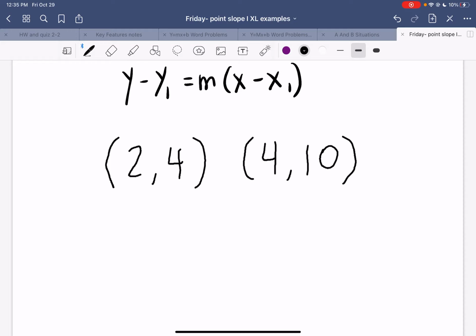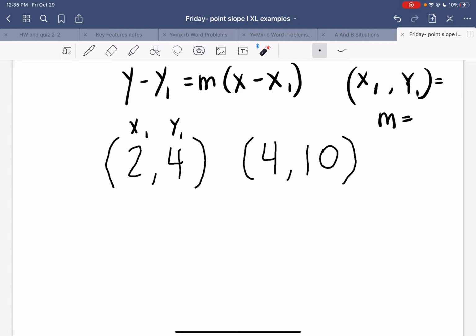So in order to do this, we need an x1 and a y1, and we need a slope. So the x1 and y1 is easy. We can just use this. We could say this is x1, this is y1. I could also use this one here, but I'm just going to use that one.